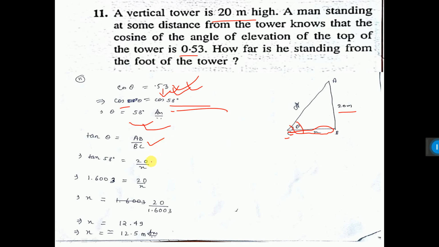Perpendicular AB is 20, and base I consider x. And tan 58 degree, the value is 1.6003. From the back side of your book you see and put here. Then x equals 20 by this. Now you divide and get the value of x, and that is the answer.